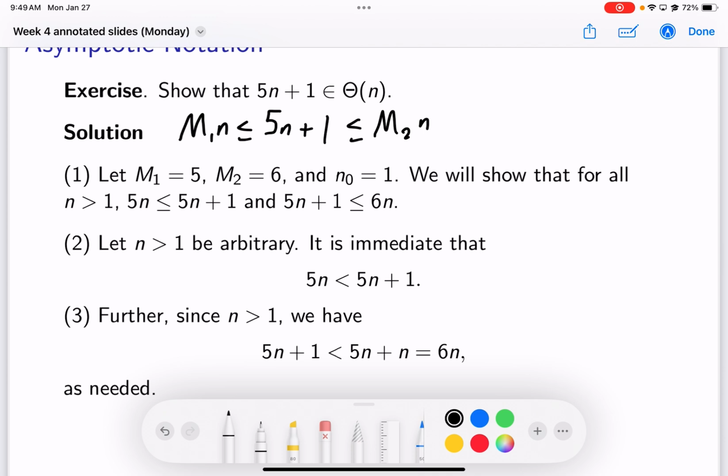And upon further analysis, this actually more closely resembles what we did in our rough work. This is the rounding up trick. We see that 5n plus 1 must be less than 5n plus n under the assumption that n is greater than 1.